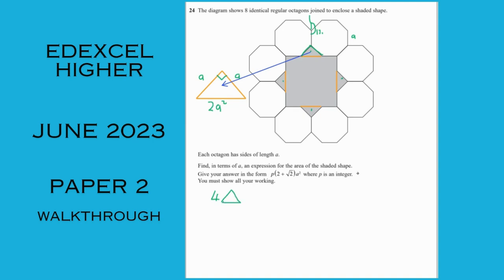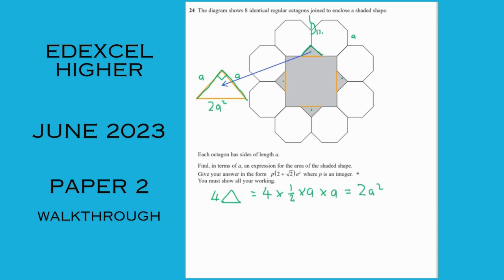Those 4 triangles, they have a base of A and a height of A. So it's 4 lots of a half base times height. So 4 lots of halves is 2a squared. Now that's just a coincidence.